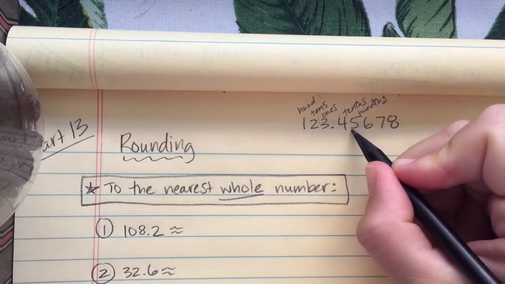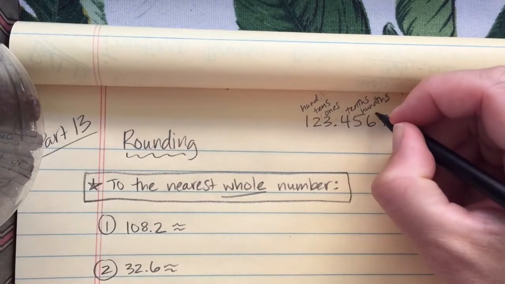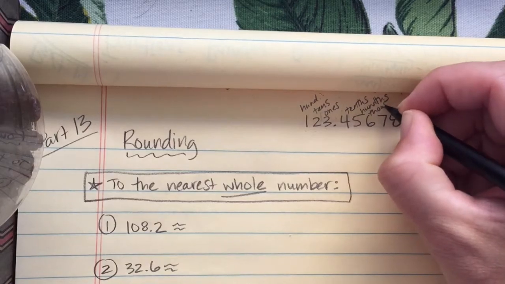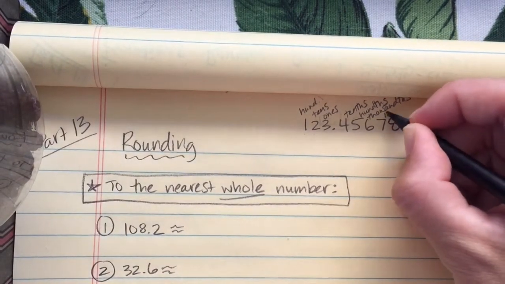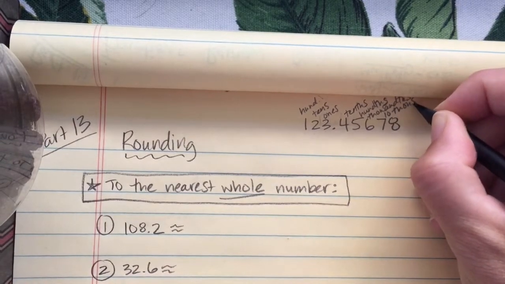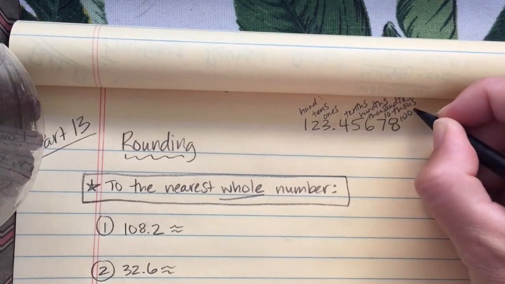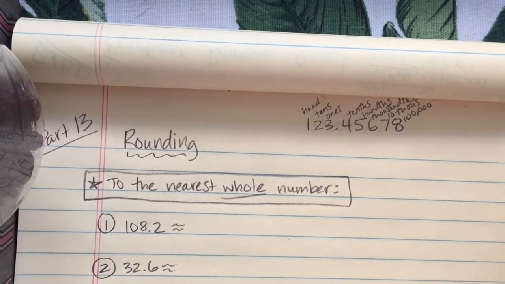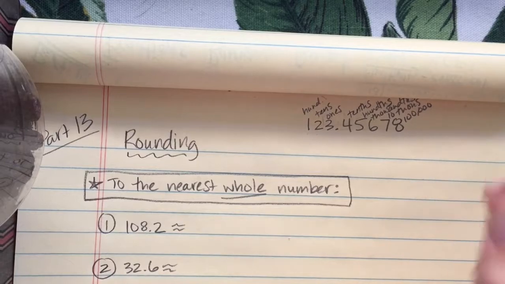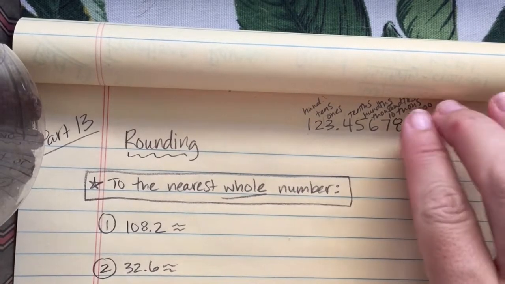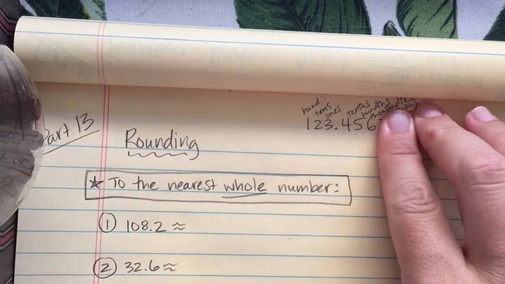Hundredths place is the 5. The 6 is in the thousandths place. And then we would go ten thousandths, and then hundred thousandths, and so on. But you don't really need to know beyond that for this particular test. From what I've seen, it pretty much almost stops right at the thousandths part.